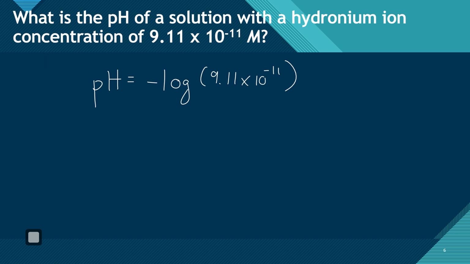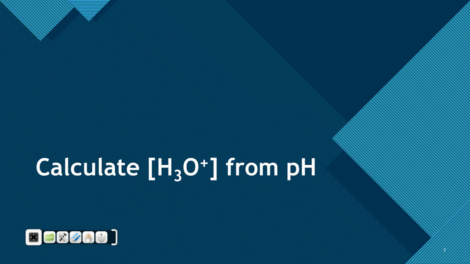I'm sorry, I was too fast. Negative log of 9.11 times 10 to the negative 11. There we go. Apologies. This comes out to a pH of 10.0. So this one's actually a base because it's greater than 7. All right.